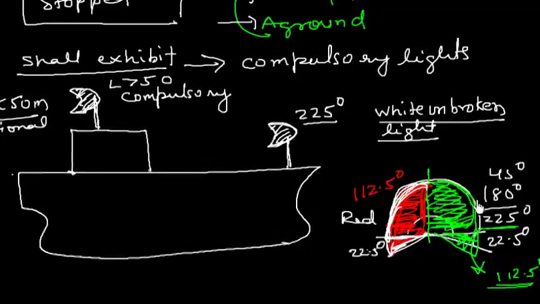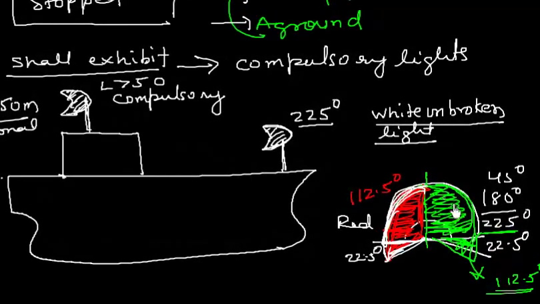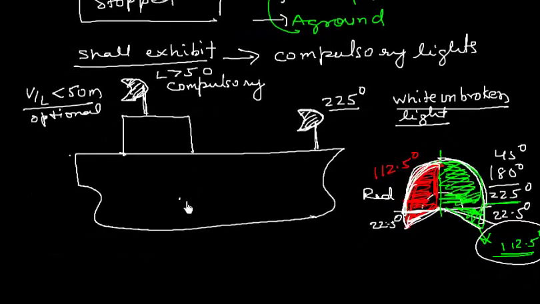Similarly, this green light will be seen 22.5 degrees abaft the beam, an arc of horizon of 112.5 degrees from right ahead. So here this is the starboard side. We can see this vessel like this. Suppose this is the light, so the light arc will be somewhat like this. So this is the side light.